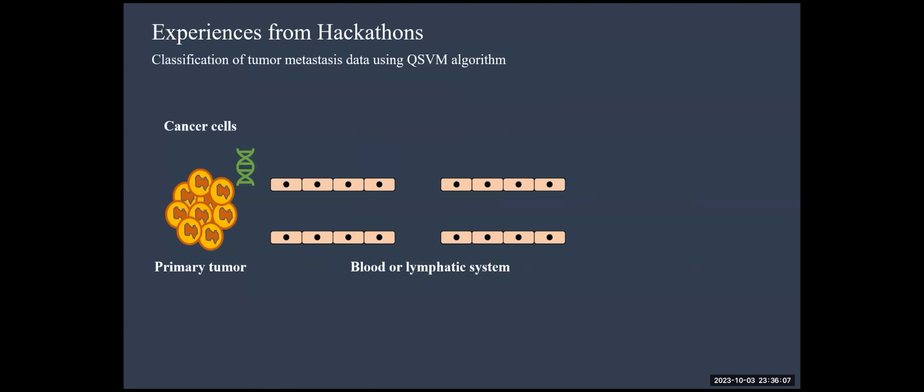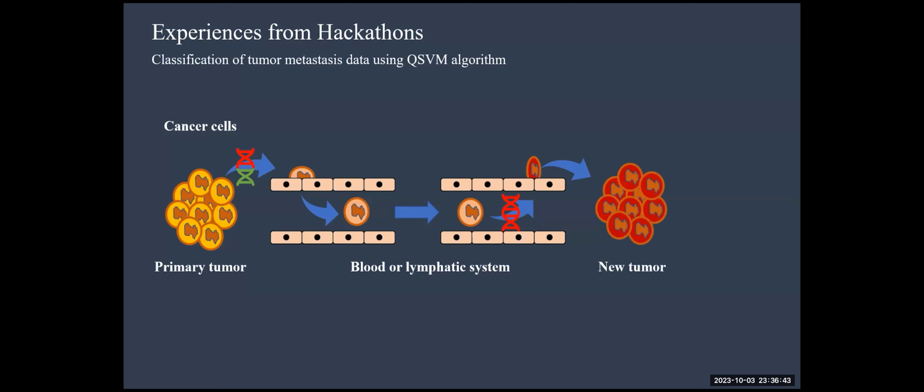In last year's NCHC Hackathon, we applied the QSVM algorithm to real tumor metastasis data and accelerated the GPU simulation of the QSVM algorithm using the cuQuantum SDK. Tumor metastasis is a complex process. Here, genetic mutations enable the primary tumor to spread through the bloodstream and the lymphatic system to other parts of the body, resulting in a high cancer mortality rate.